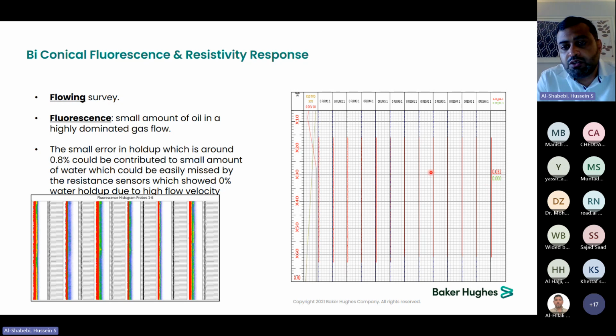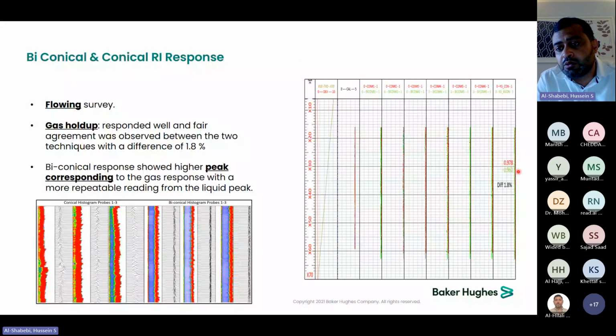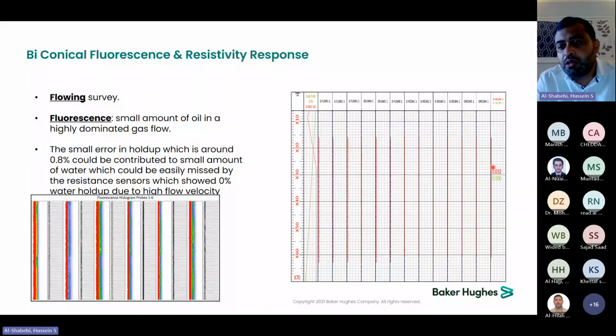And this is the advantage of the fluorescence, combining fluorescence with the optical sensor refractive index, that there is around 0.8% difference now between this and the previous measurements. If you recall over here that we are calculating around 96% of gas, so we are having 4% remaining, and now we are getting 3.2% of oil, so we are remaining with 0.8%.